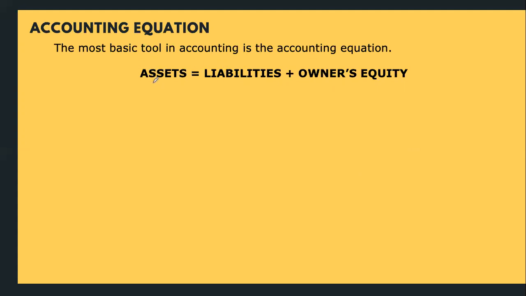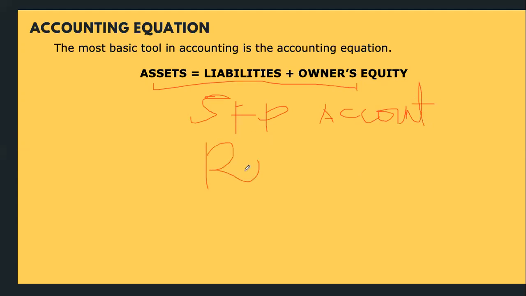These accounts are also called statement of financial position accounts. So these 3 accounts can be found in your statement of financial position. And these accounts are also called real accounts.